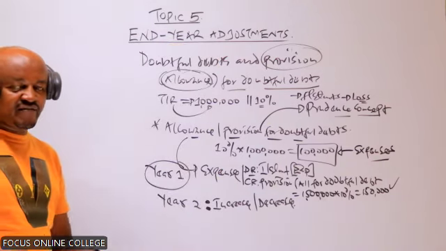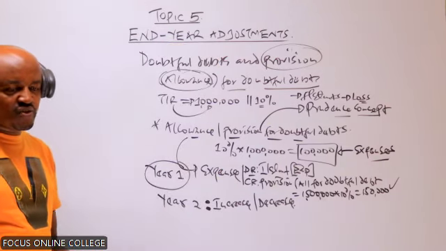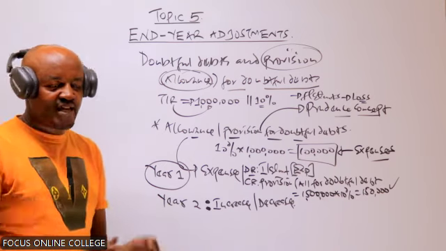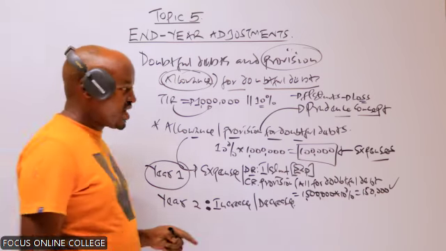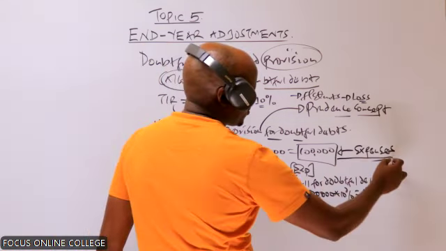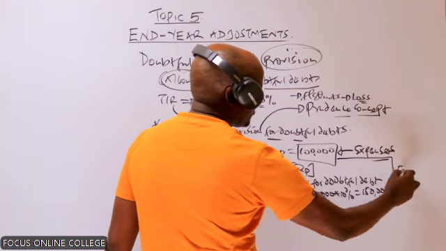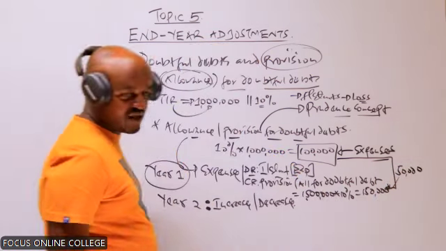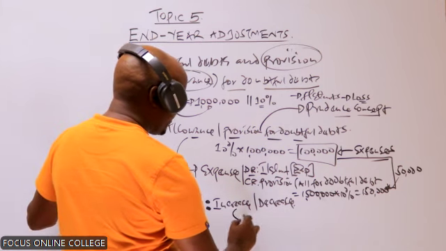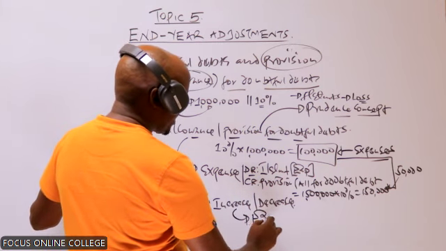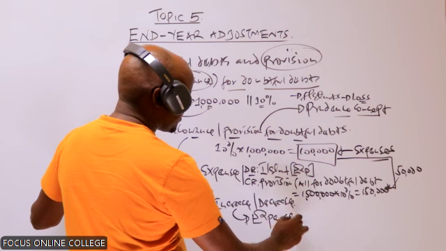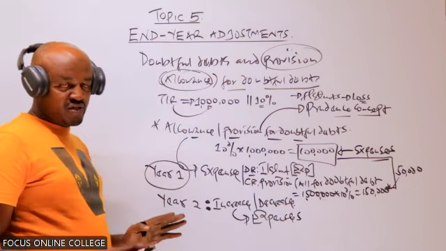Do we account for 150,000 in year two? No, because in year one we have already set aside 100,000. In year two, we account for the increase. So the provision is increasing by 50,000. An increase in provision for doubtful debt is accounted for as an expense. This is what you need to know.